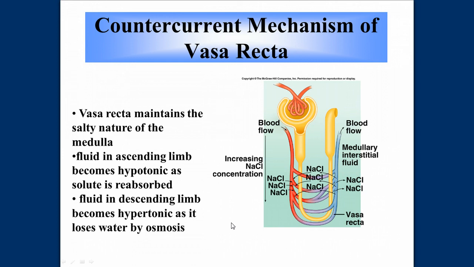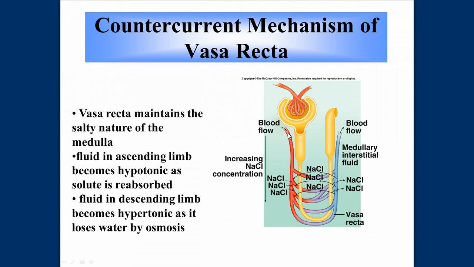Okay, the fluid in the ascending limb becomes hypotonic as a solute is reabsorbed. The fluid in the descending limb becomes hypertonic as it loses water by the process of osmosis.